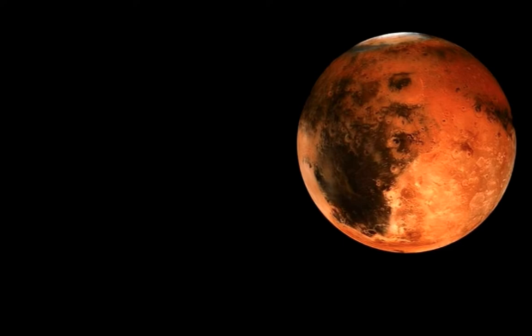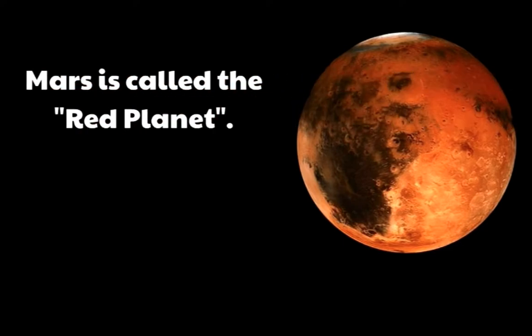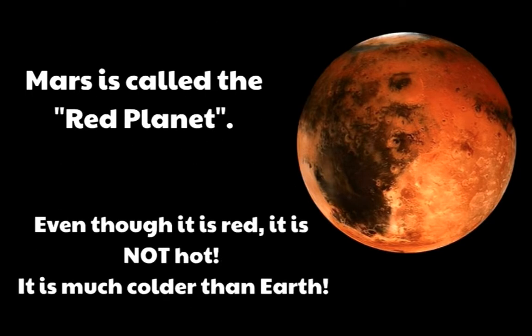Because of its color, Mars is called the red planet. So if anyone asks you, what's the red planet? Tell them, hey, the red planet is Mars. Even though it is red, it is not hot. It is much colder than Earth because remember, Mars is further from the sun than the Earth. So Mars, it's red. It almost looks like it would be hot, but it's cold.